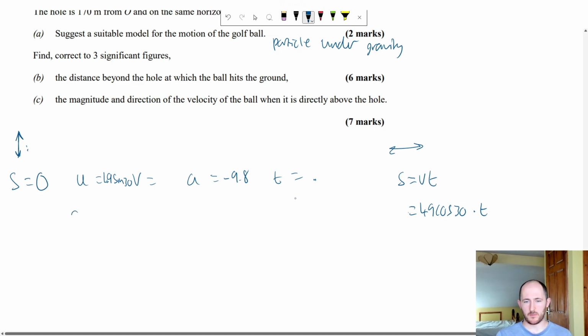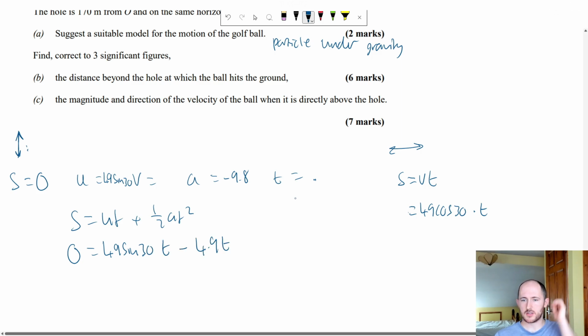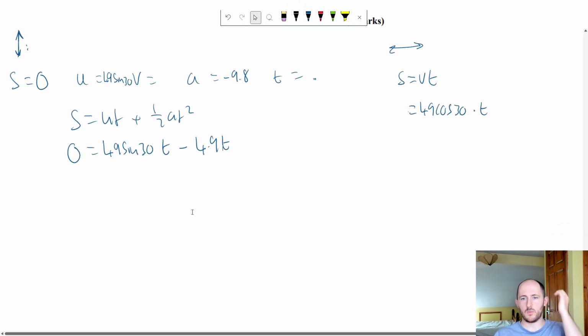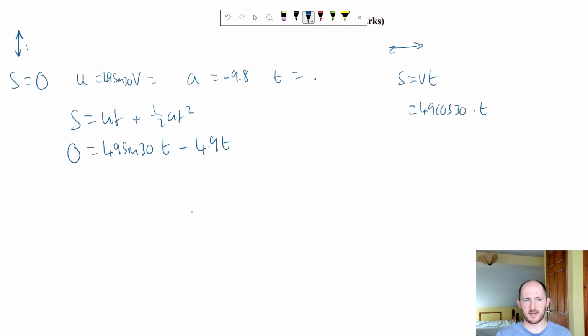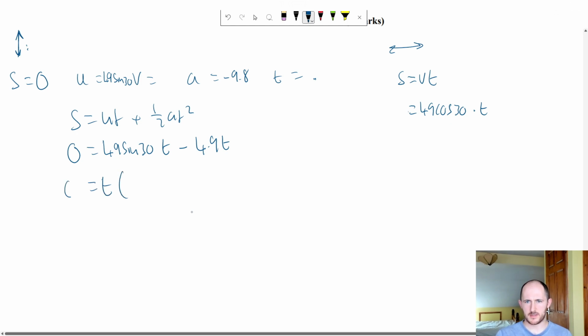displacement afterwards. So once again, we're using S equals ut plus a half at squared. So we have 0 equals 49 sine 30 t minus 4.9 t squared. So if I factorize this quickly, we obviously have two things here. I could factorize more out, but I'm just going to leave it as t equals 0 or 49 sine 30 minus 4.9 t.